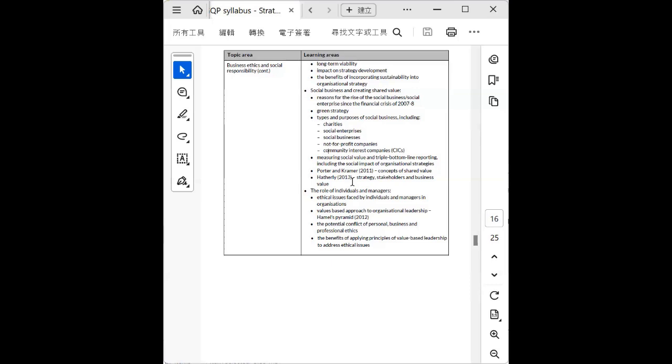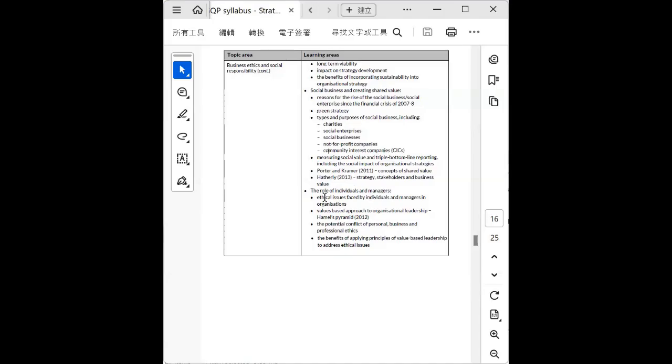So business value is enhanced when the company integrates stakeholders' insight into strategic decision-making. Hathaway's view encourages the company to see stakeholders as partners in value creation.